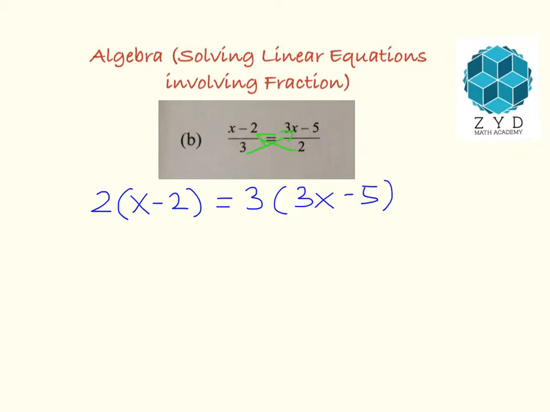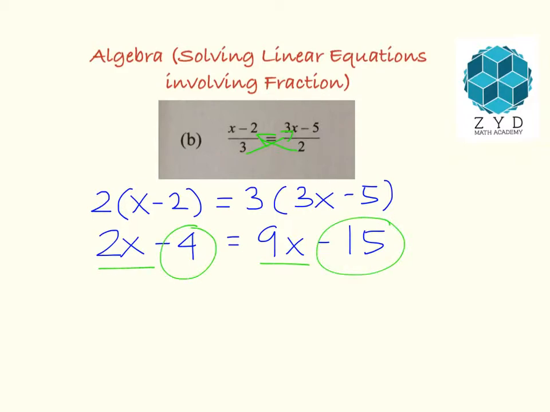Okay, so there are no more fractions, but there are brackets, so let's expand the brackets to get 2x minus 4 equals 9x minus 15. Now we have to group all the unknowns together, and all the numbers together.